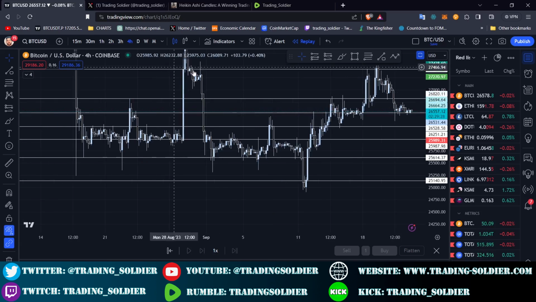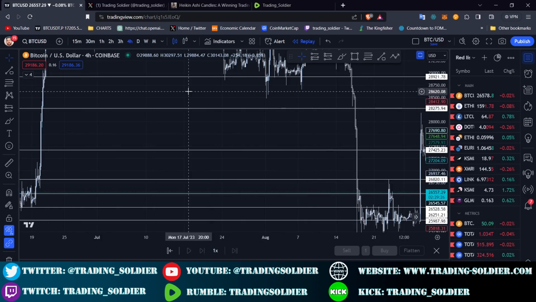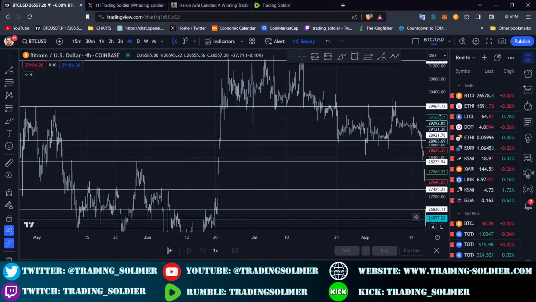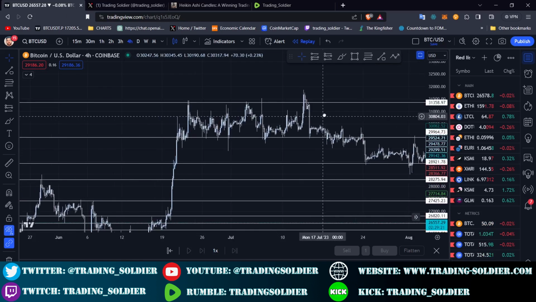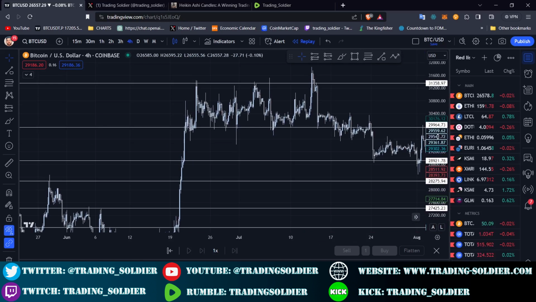Because as you see here in the short position example, the market will try to fool you, the market will try to shake you out, the market will try to trigger your tight stop loss.